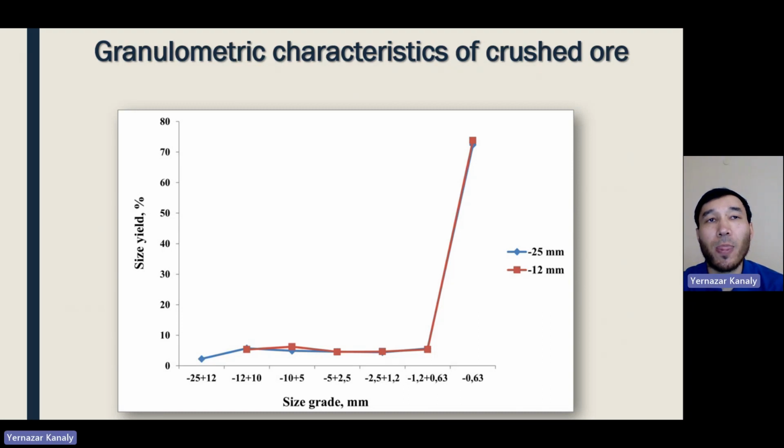The results of the sieve analysis are next. Ore is mainly represented by fine material, minus 2.5 millimeter, the yield of which was 73%.